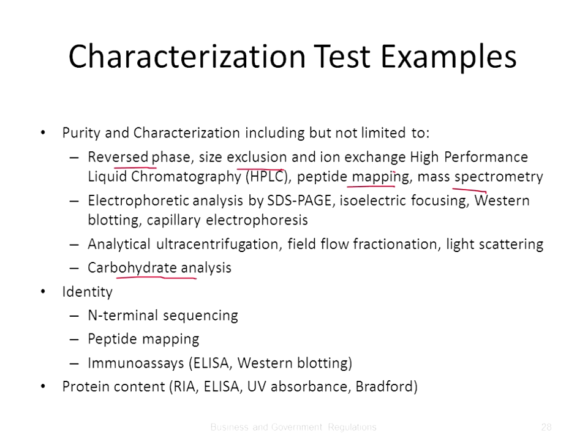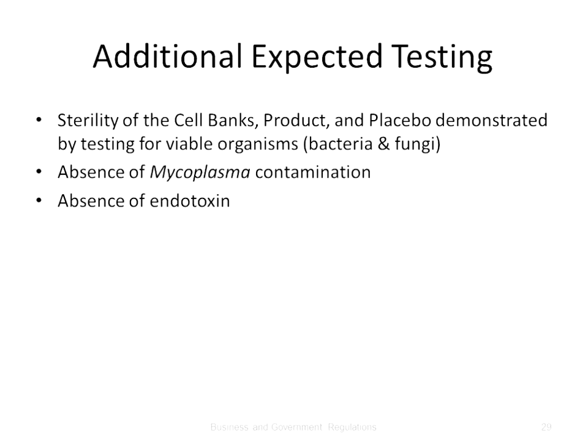Basically, you have to remember that characterization has a lot more testing than lot release testing, right? Lot release has fewer tests than characterization. So you have to do purity, identity, then protein content. Protein content you might do by radioimmunoassay, ELISA, UV absorbance, etc.